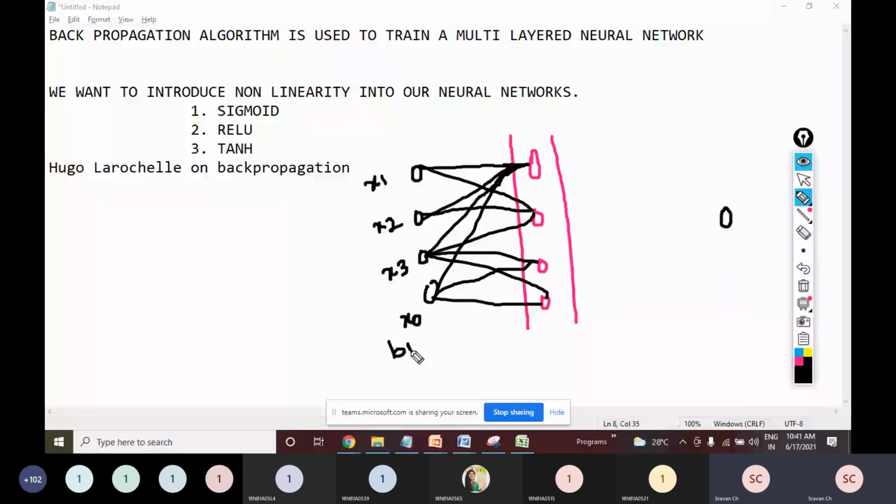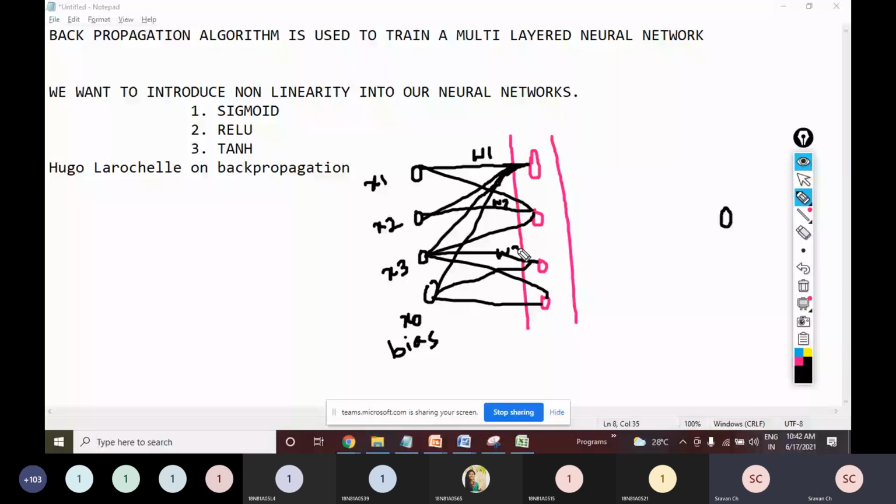In any neural network, obviously we will have a bias. So at this level I have x1, x2, x3, x0, and they are all being passed to every neuron. Now these are the weights: w1, then w2, then w3, w0. x0 also needs a weight, which is w0.